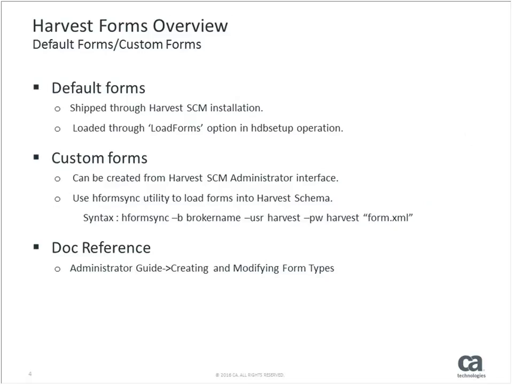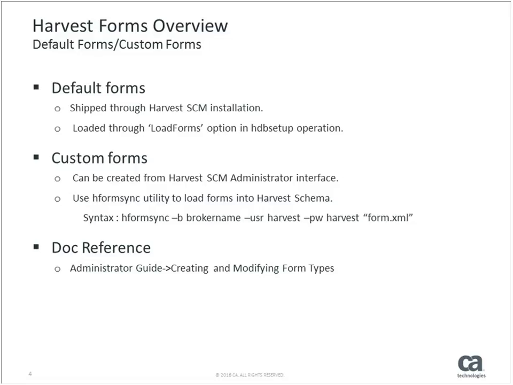Again, the custom forms: administrators of Harvest can create them according to their need and insert them into the Harvest database so that they can be used across all the users. And that part I will be covering in the demo, where I will be creating a new form type, adding it to the database, and adding some customizations to it.